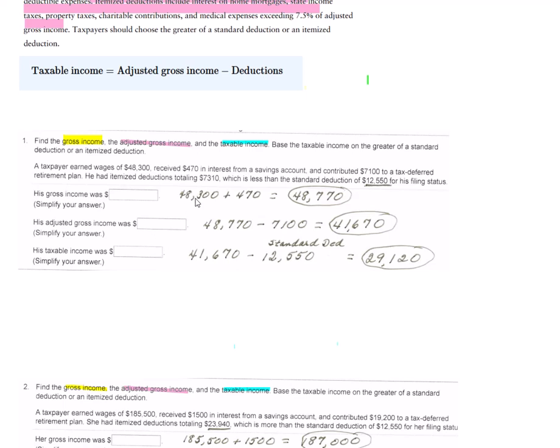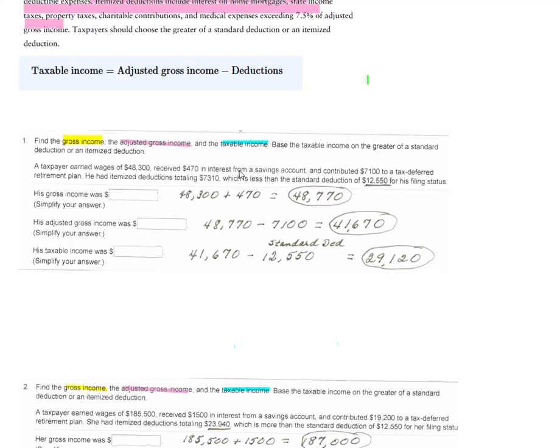There's the $48,300 plus the income that you got from interest on savings. If you add those together using your calculator, you will have a gross income of $48,770. And you will put that in your first answer box. You do not put the dollar sign because it has it already.